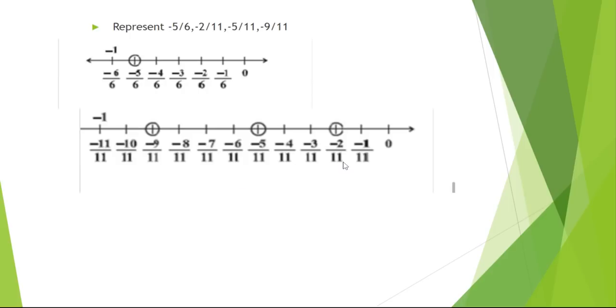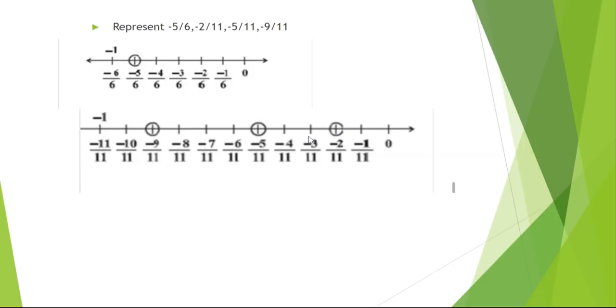Again, minus 2 by 11, minus 5 by 11, and minus 9 by 11 are negative rational numbers. So again, they will lie on the left side of 0. You have 0, then you have minus 1 by 11, minus 2 by 11, which is being encircled. Why? Because it was asked to be represented.